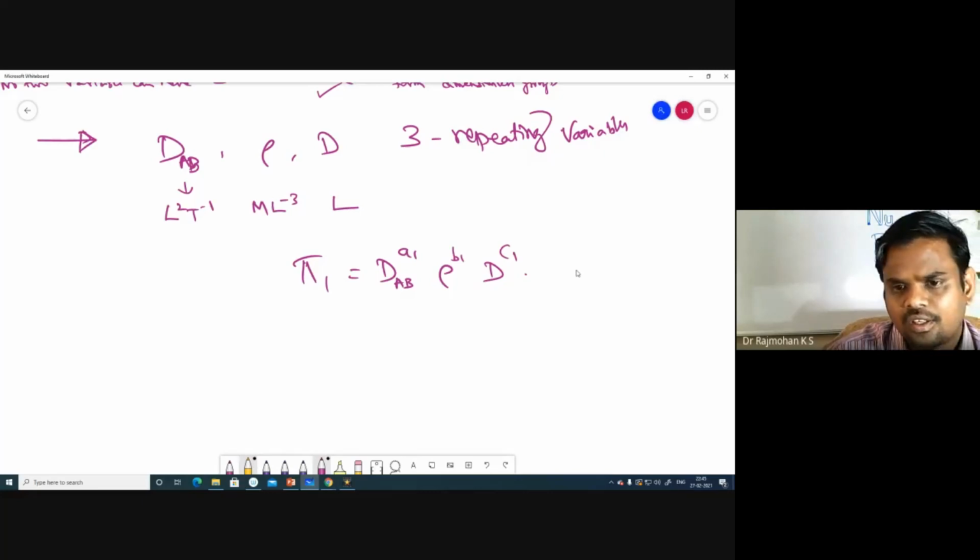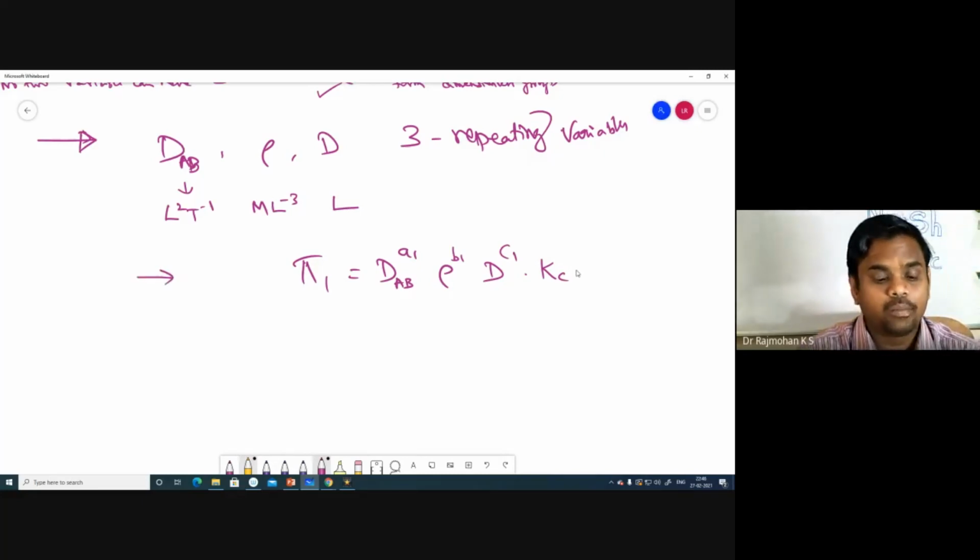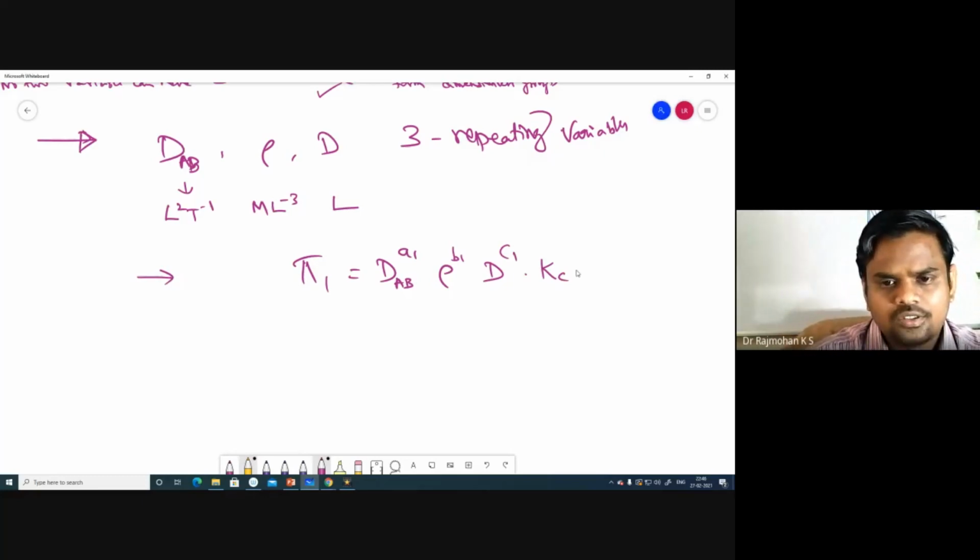First I will take Kc as the non-repeating variable, power 1, that is without power. That is how the Buckingham pi theorem defines the formation of pi groups.